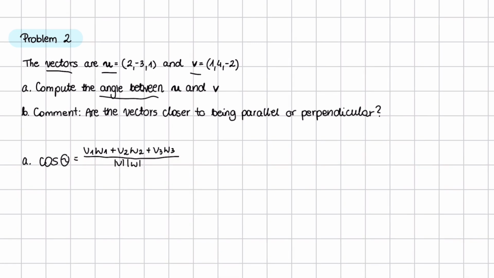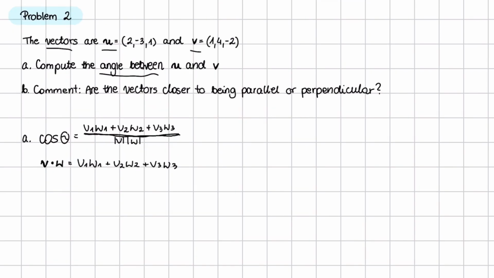So this is the formula, and in order to calculate this, V1 times W1 plus V2 times W2 and so on, we are also given in the booklet the scalar product, and there we have V dot W, and this equals this. So we can firstly rewrite this formula for the scalar product.